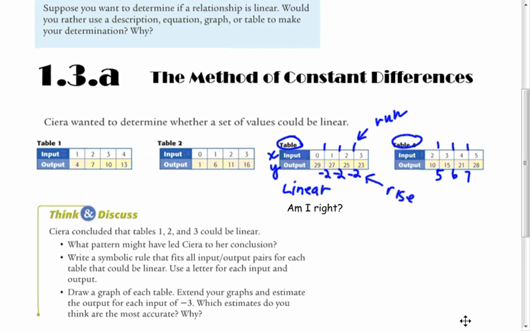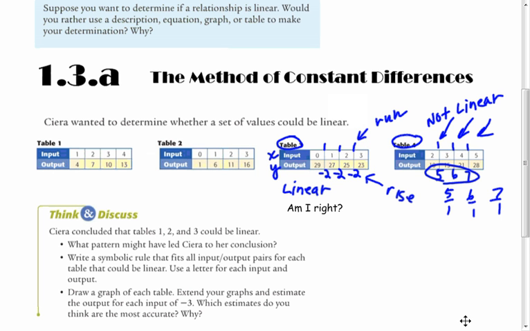And if we have the same ratio of rise over run throughout the table, then it's a linear relationship. In this one over here, if I look at the ratio of rise to run in these three, I have 5 over 1, 6 over 1, and 7 over 1. So the ratio of rise to run is not constant, as shown by the constant differences, or rather these are not constant differences. Okay, so I think this one is not linear because we're not going up by the same amount in both the input and the output.